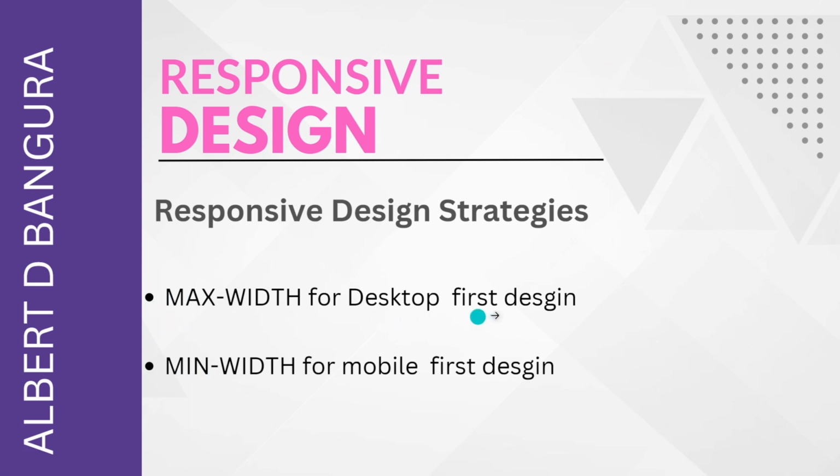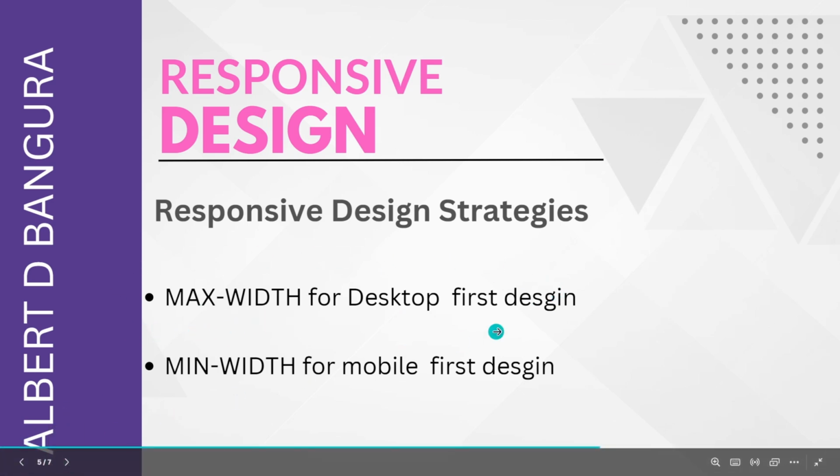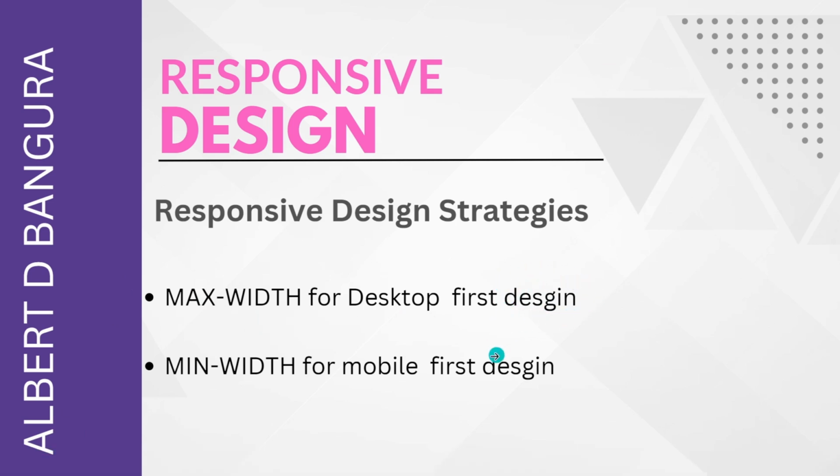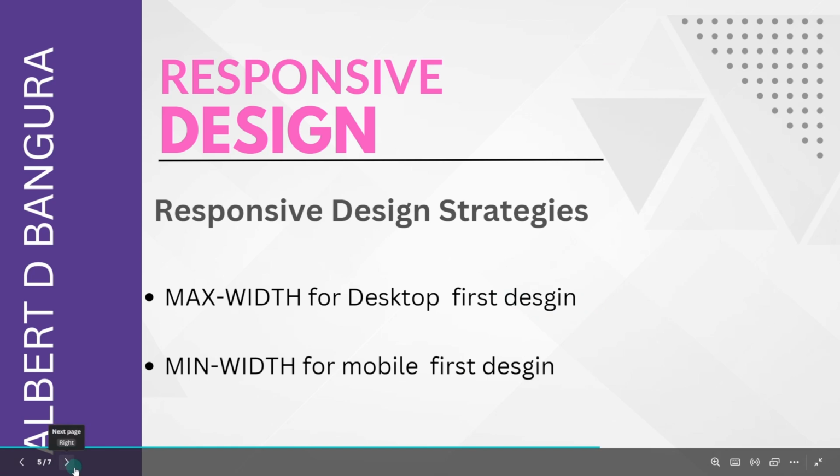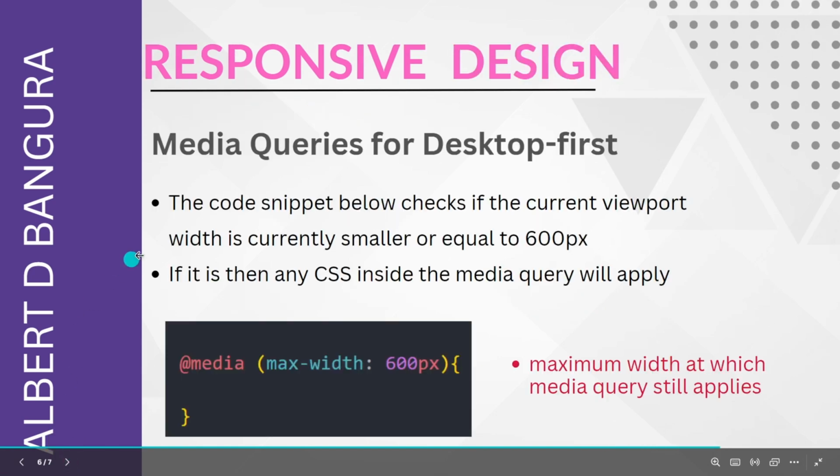Today, since we are going to focus on desktop first design, you will see me using max width. By the way, there's a mistake here. Design should be spelled DESIGN. Yes, media queries for desktop first.